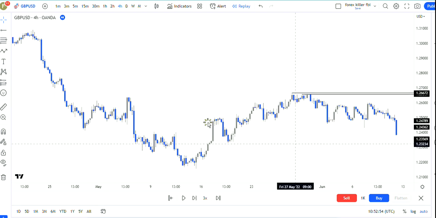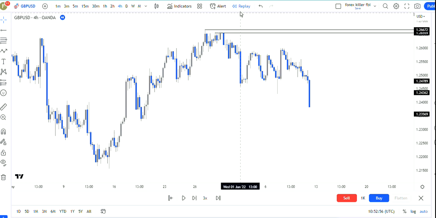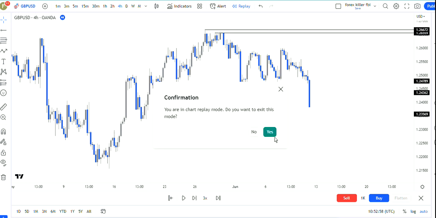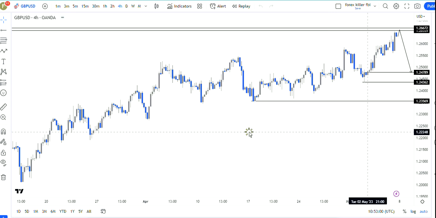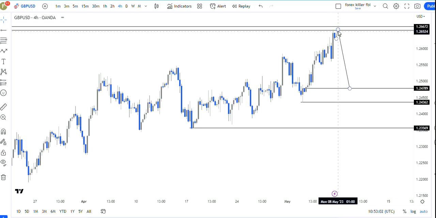Alright, let us replace our chart. Yes, now our entry will be here. We didn't hit, so the price didn't engineer that price, so our entry will be here.